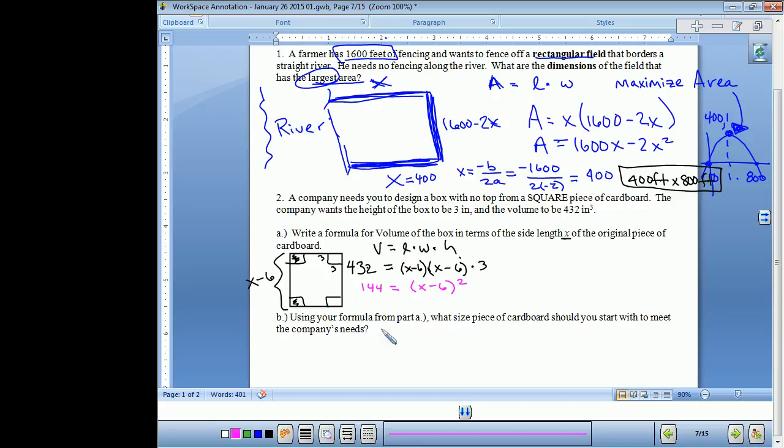And then in this case, it's pretty easy to take the square root of both sides. When I take the square root of 144, I get positive or negative 12. But in terms of this problem, I'm only looking at positive 12 because I'm looking at dimensions, and a negative dimension doesn't exist. So I get 12 equals x minus 6. So what is x? 18. X is 18.